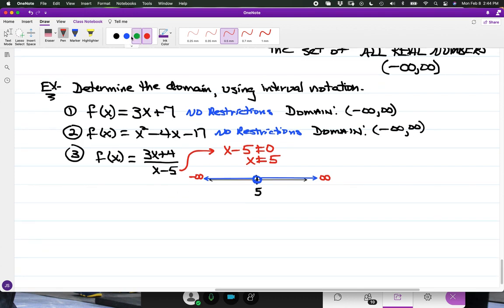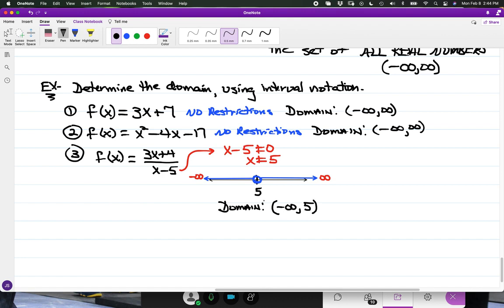And so what would be the domain in this particular case? We'd be going from negative infinity, approaching but not including 5, and the exclusion of 5 is shown using parentheses.